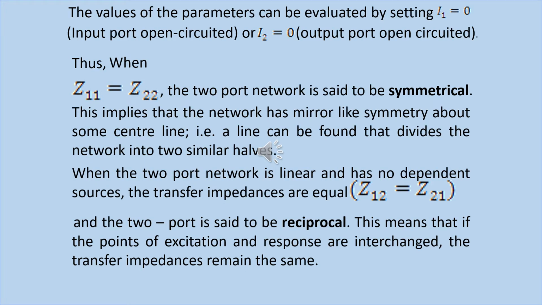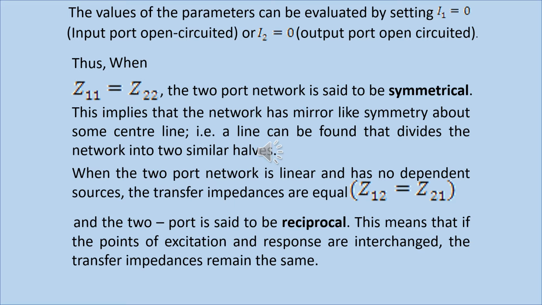From the general formula, V1 equals Z11 I1 plus Z12 I2 and V2 equals Z21 I1 plus Z22 I2, we can calculate our impedance parameters, that is our Z11, Z12, Z21 and Z22, by setting our I1 or I2 equal to 0.